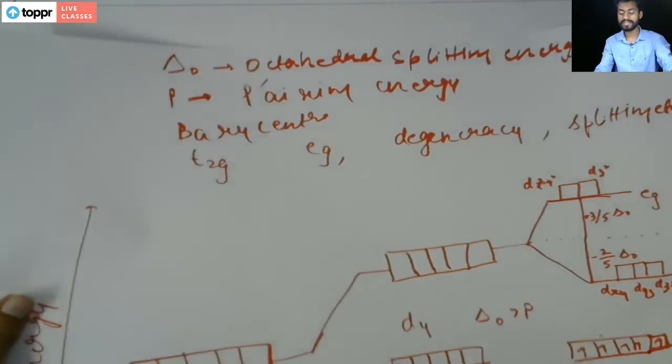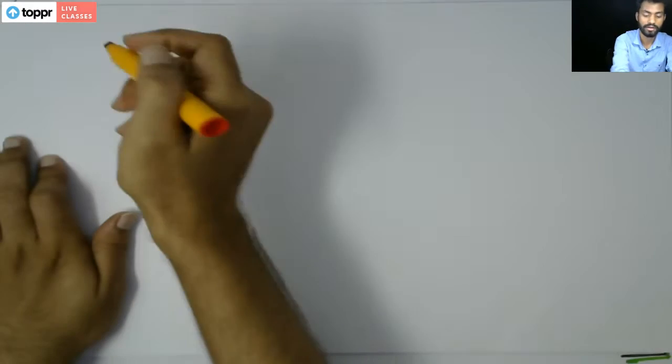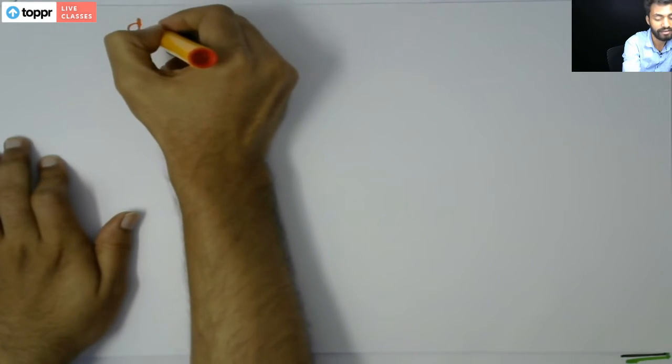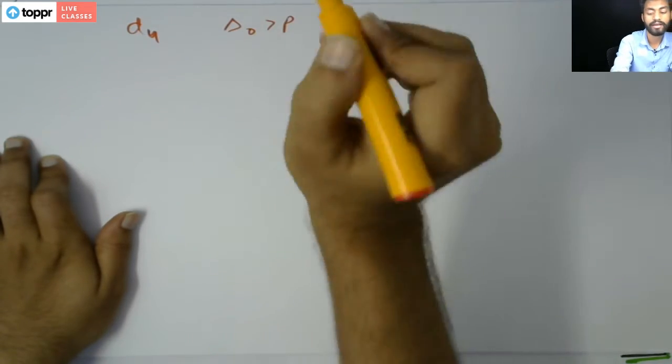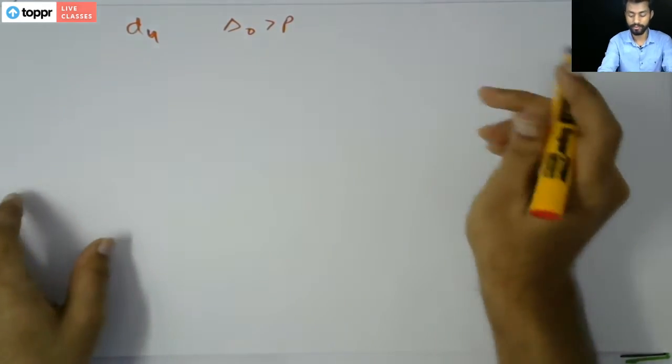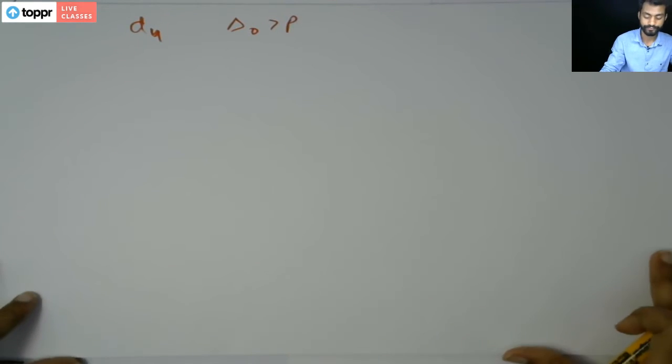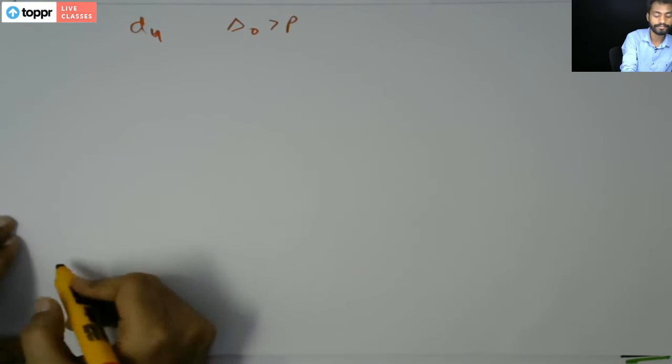So now we will see a d4 complex in crystal field theory, for a d4 having octahedral splitting energy greater than pairing energy. I'll redraw the diagram. You can also draw it along with me.